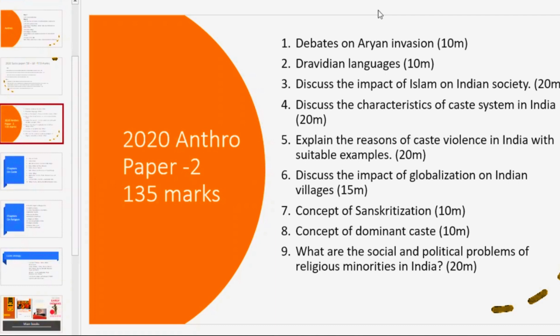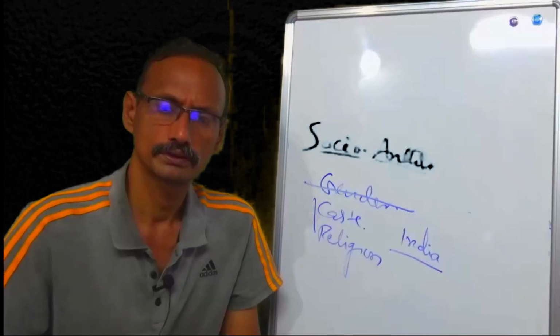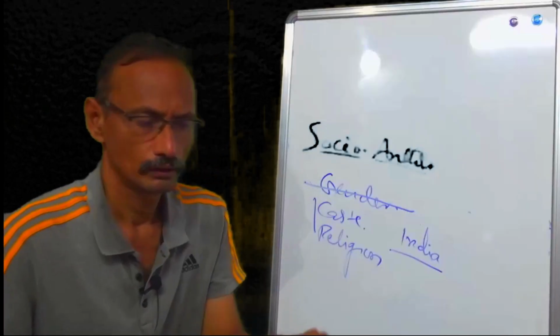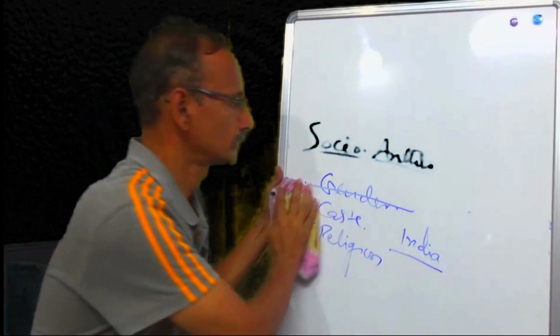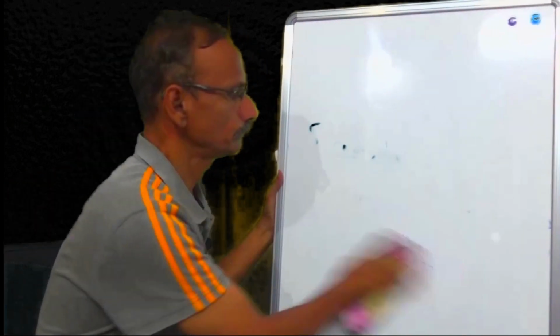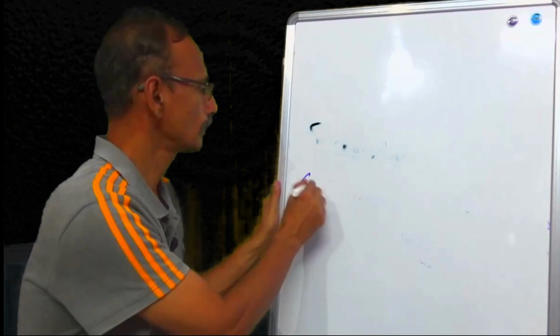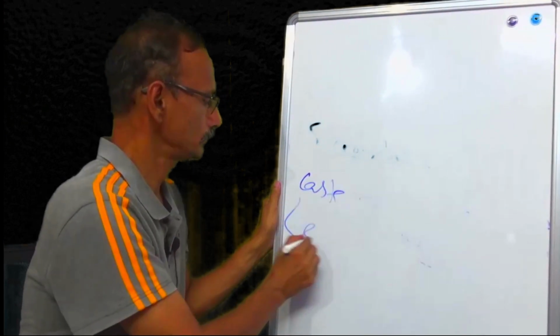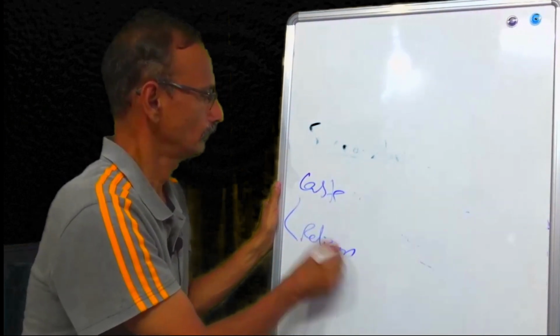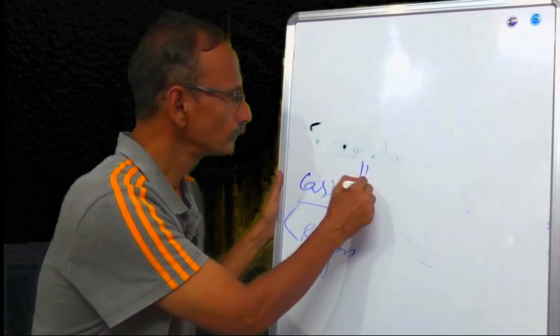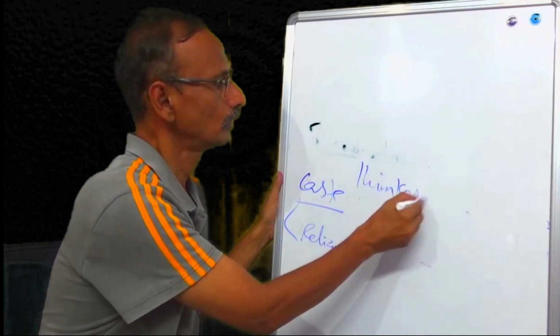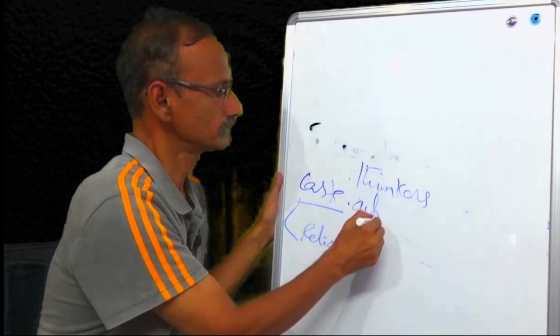Next, how did I go about this? The way I went about is that this is divided into two parts, caste and religion. Under caste, I included thinkers as well as activists.